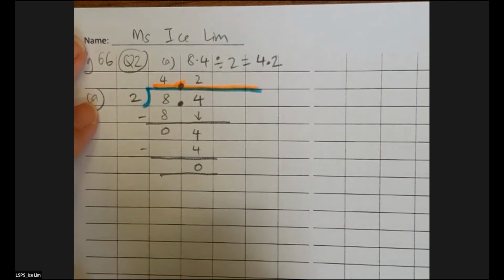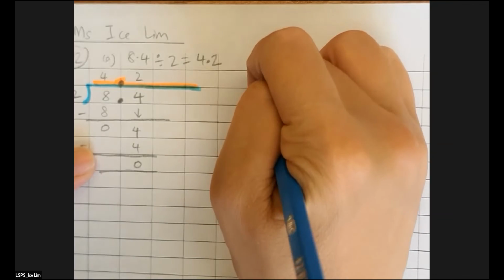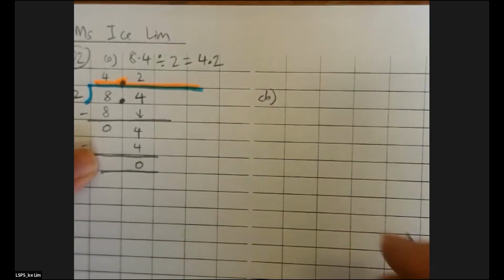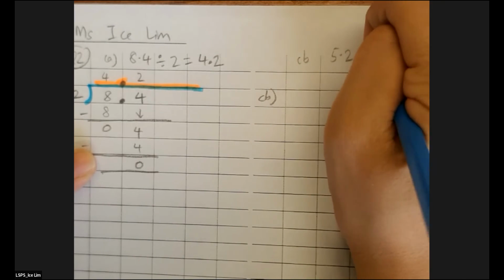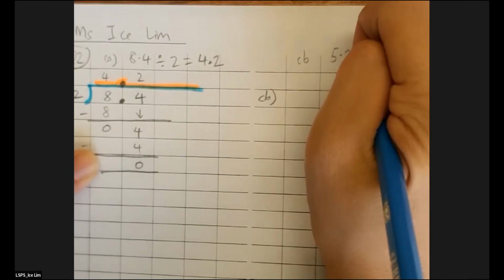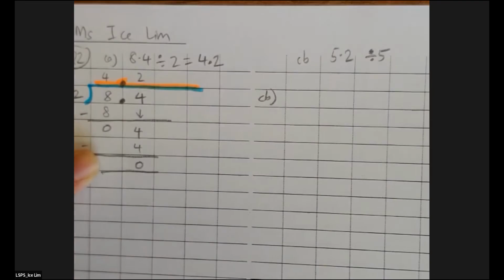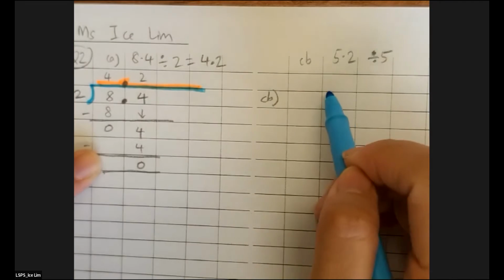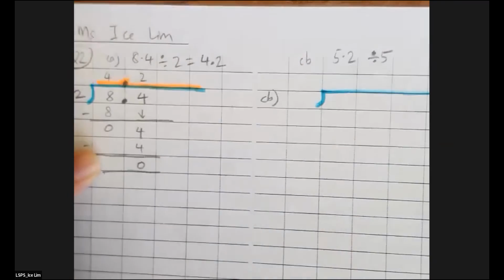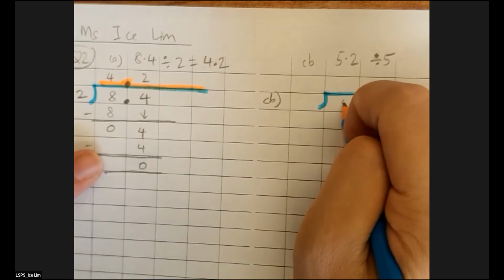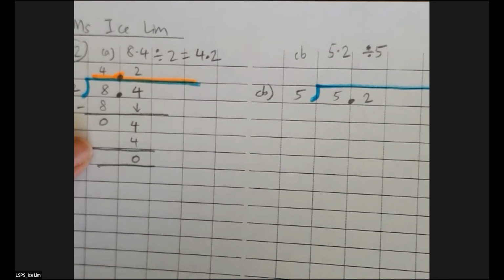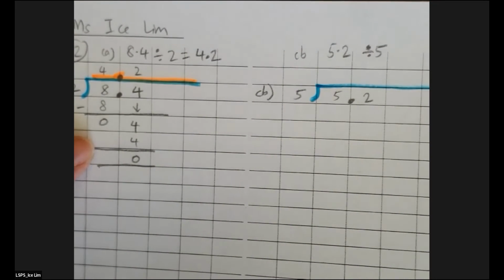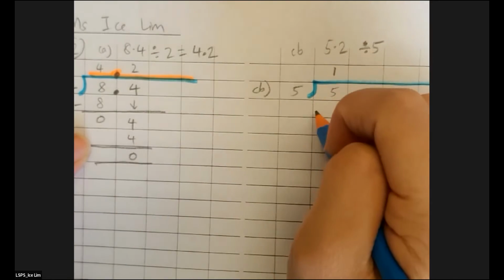Question B says 5.2 divided by 5. If I do my division, I do it as I would usually.